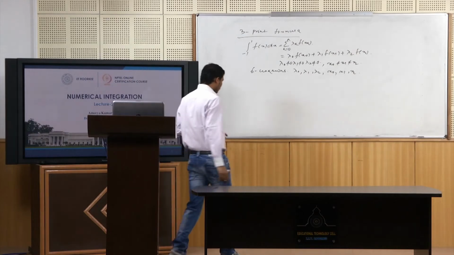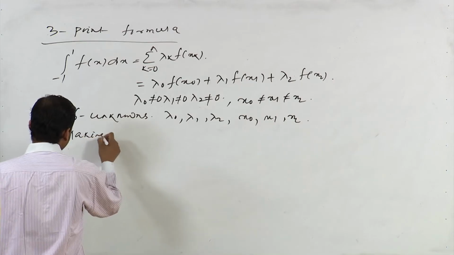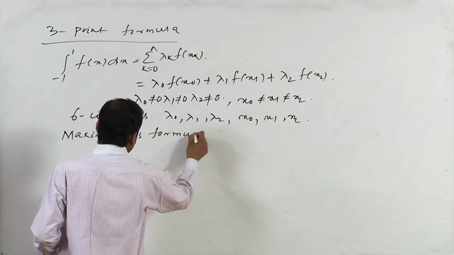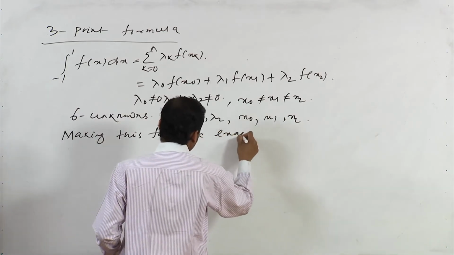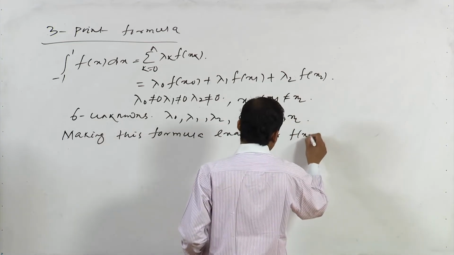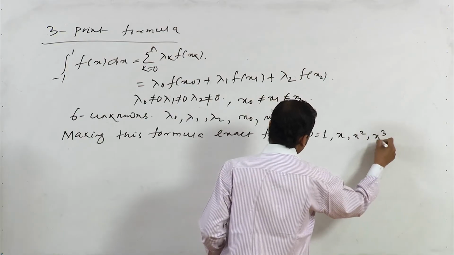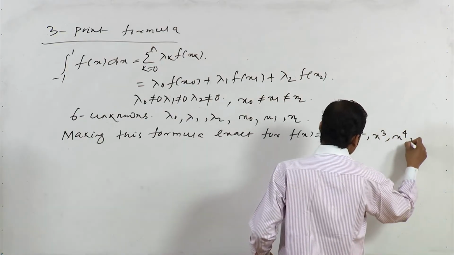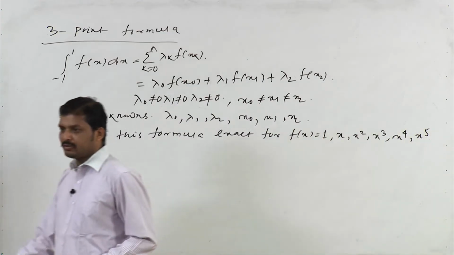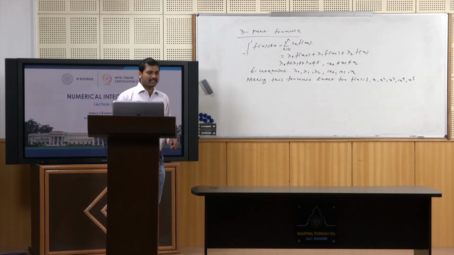So if you consider making this formula exact for f of x equals 1, x, x square, x cube, x to the power 4, x to the power 5, since 6 different values we have to consider to get this formula exact here.